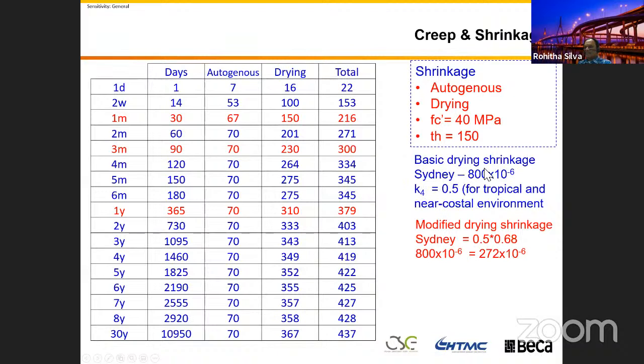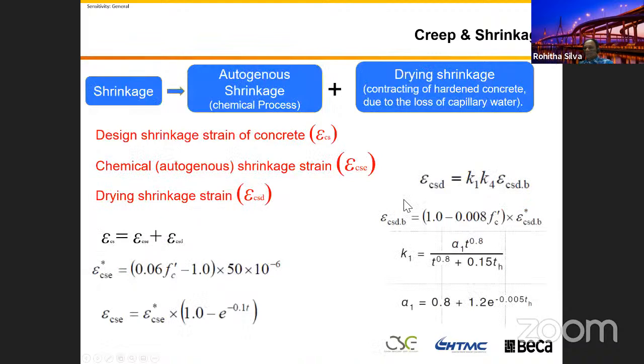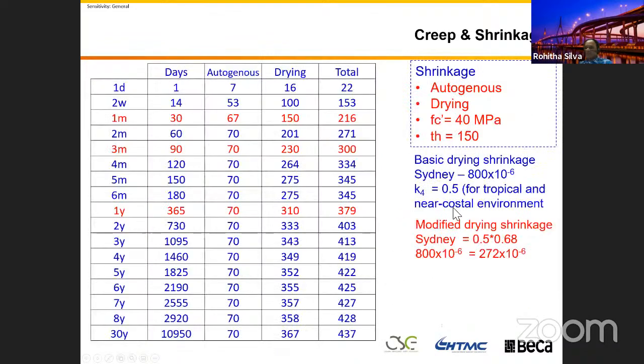In Sydney, the basic drying shrinkage parameter is 800 microns, and a factor related to the location applies, since the environment is tropical and near coast. That value is given in the code. Based on that, the basic shrinkage of 800 is reduced to 272.